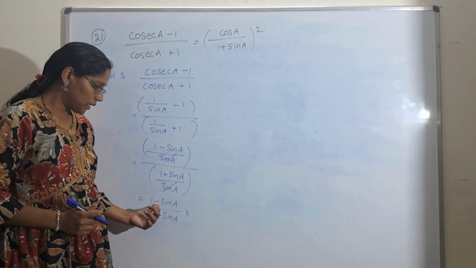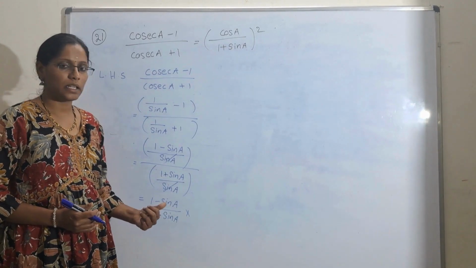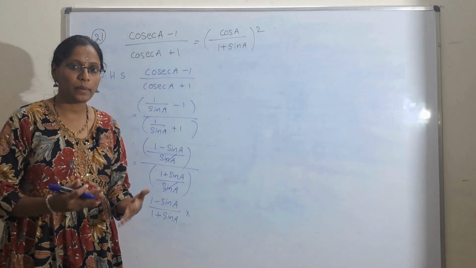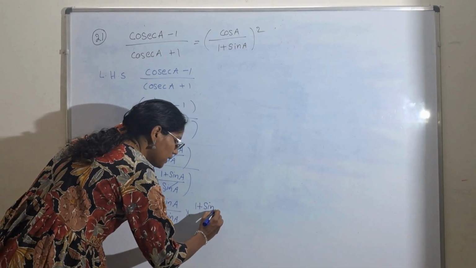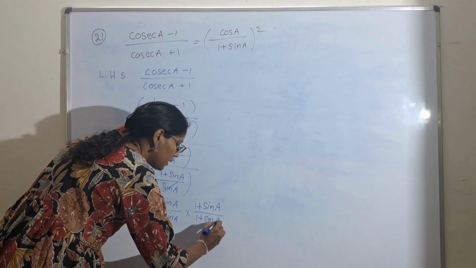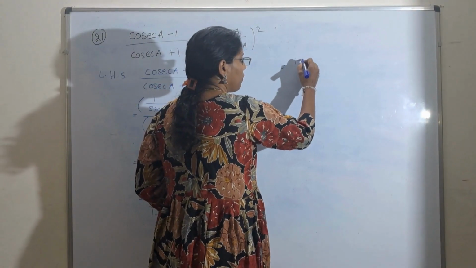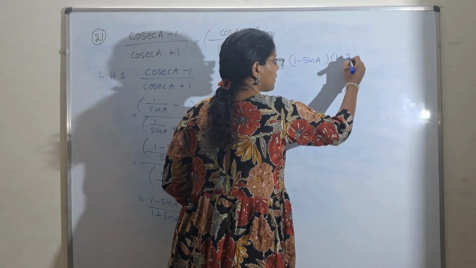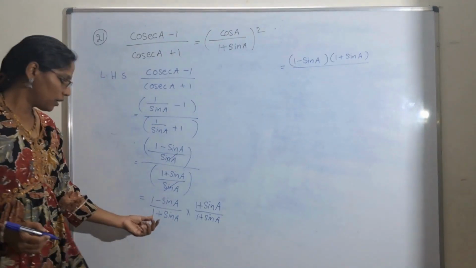In this problem, the numerator we have to do rationalizing. Numerator 1 minus sin A, so rationalizing means 1 plus sin A. We have to multiply and divide 1 plus sin A by 1 plus sin A. Numerator you should multiply, 1 minus sin A into 1 plus sin A, by denominator.